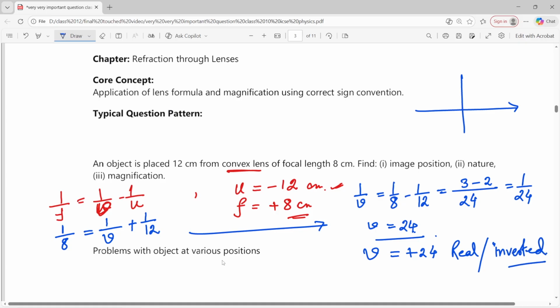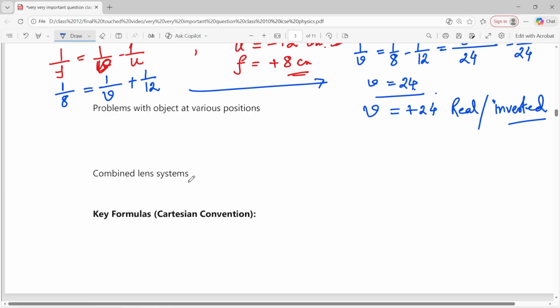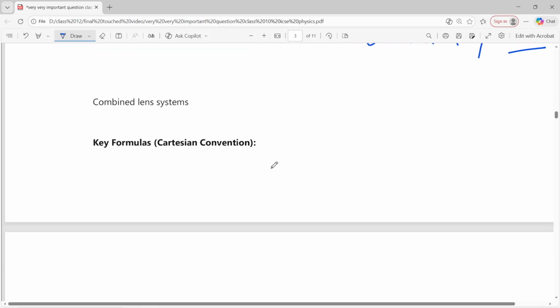Next, problems with object at various positions and combined lens systems, that's very important in the board exam. Key formulas follow the Cartesian convention.